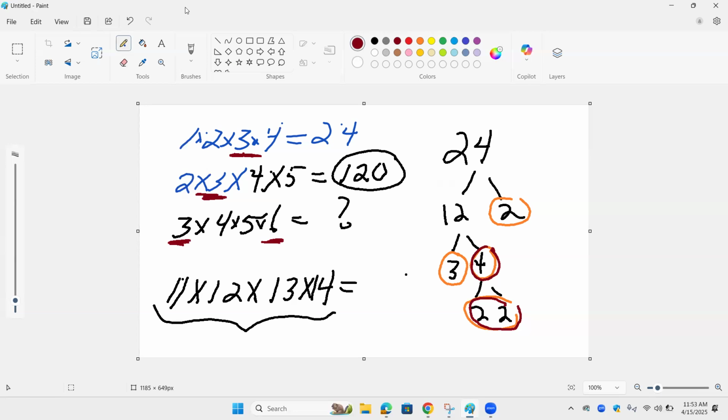Once in a while you're gonna capture two, the first one and the last one. But this is a multiple of three. So one of the four numbers is going to be divisible by three.